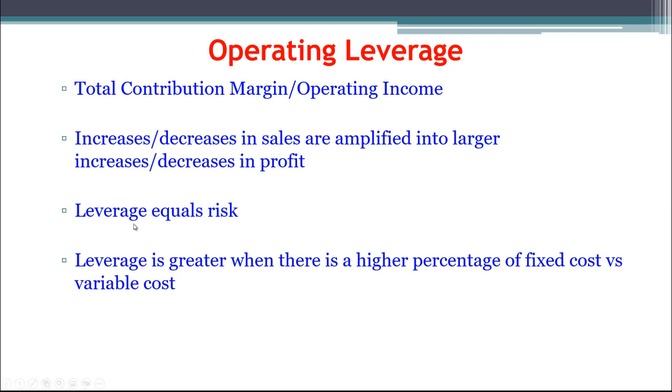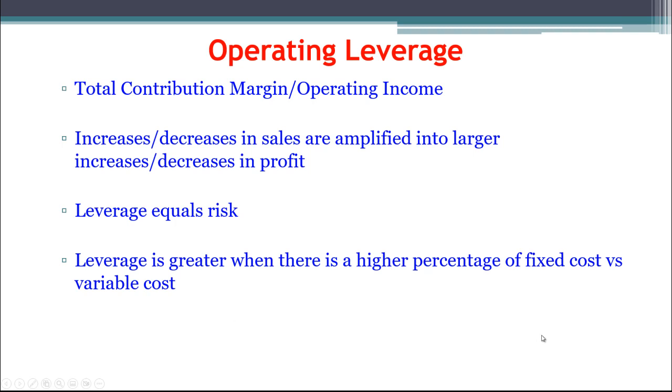What this basically means is the more fixed cost we have, the more we run the risk that we might not even be able to break even because we might not have enough units sold to cover that huge amount of fixed cost. If we had zero fixed cost and everything was variable, there's no risk.